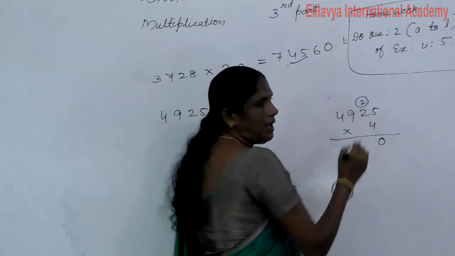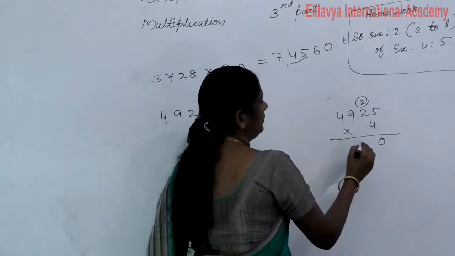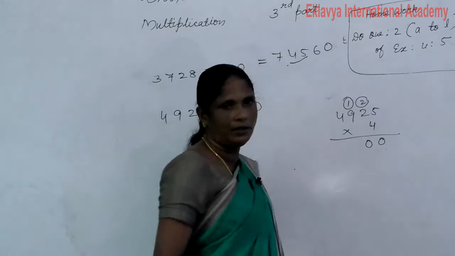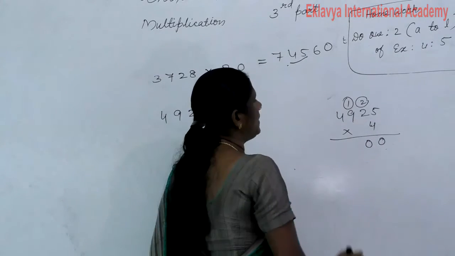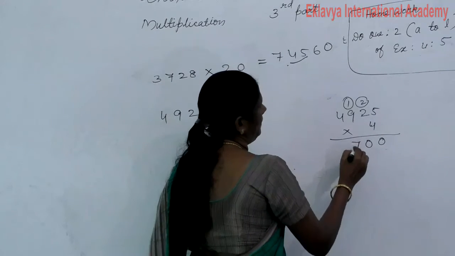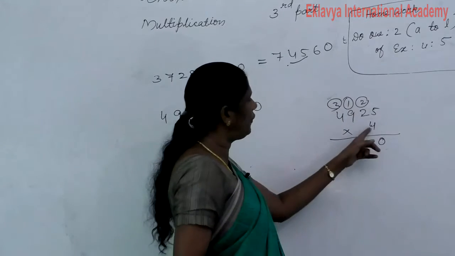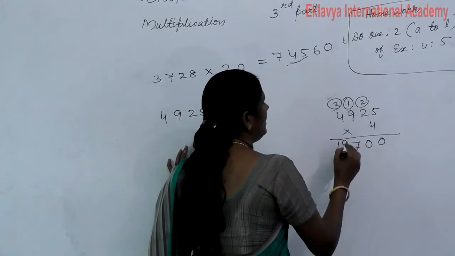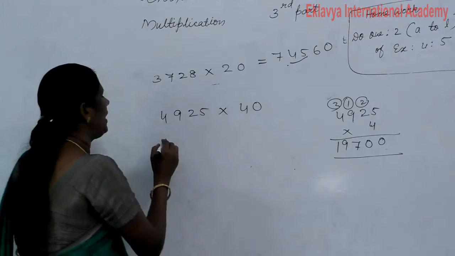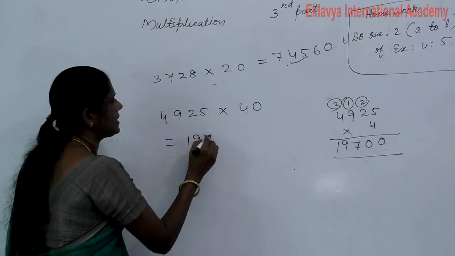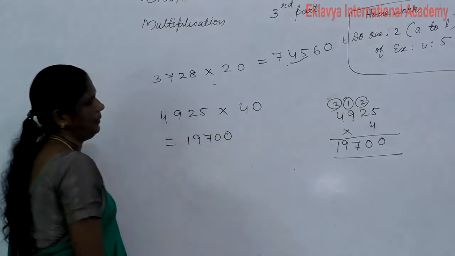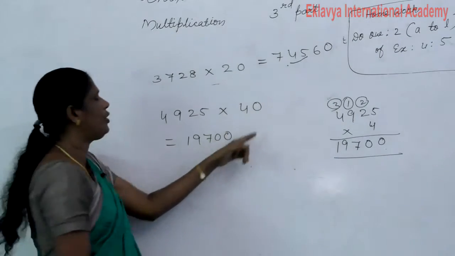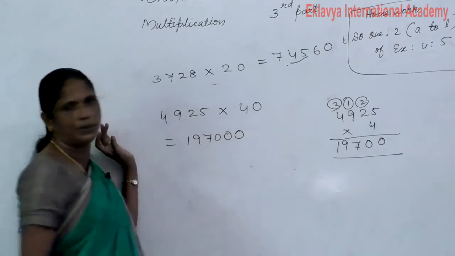Then 4 2 ja 8, 8 plus 2 is 10 carrying 1. 4 9 ja 36, 36 plus 1 is 37. Then 4 4 ja 16, 16 plus 3 is 19. Then you write here 19700. Then this 0 you also write here, right hand side.